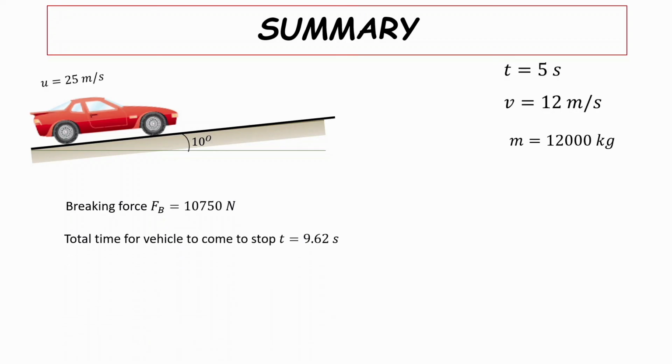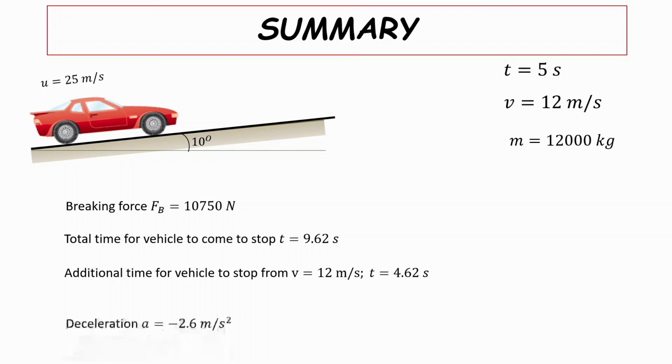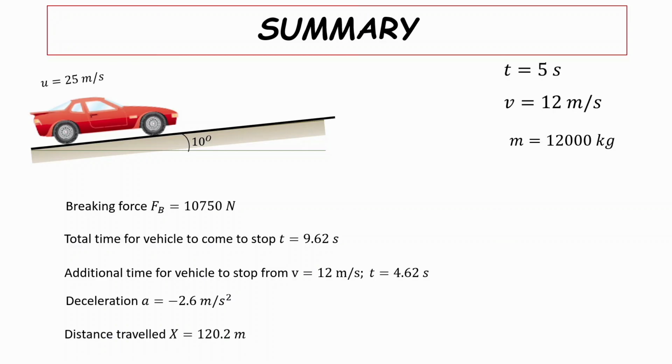We estimated the time for the vehicle to come to a stop to be 9.62 seconds. We estimated the additional time for the vehicle to stop from that position of velocity to be 4.62 seconds. Then we determined the deceleration, which was minus 2.6 meters per second squared, and finally the distance traveled by the vehicle to be 120.2 meters.